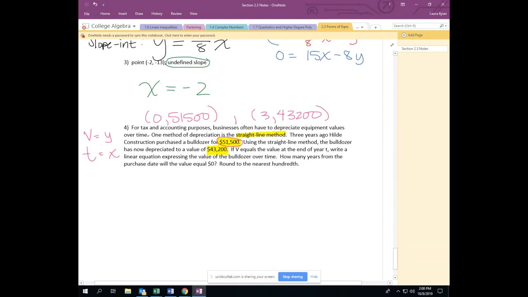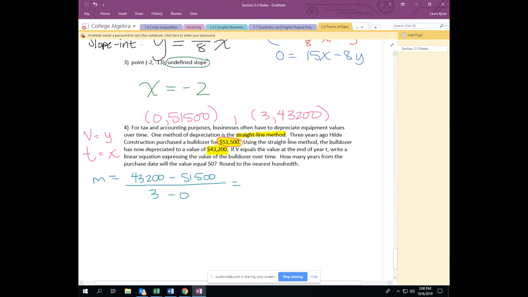So we have to find the slope between these 2 points. We use the same slope formula that we used before. M equals the change in y, so 43,200 minus 51,500 over the change in x, which is 3 minus 0.